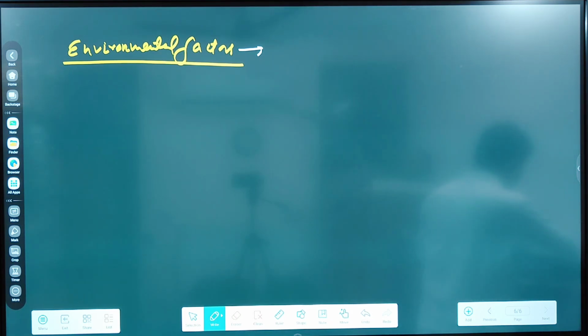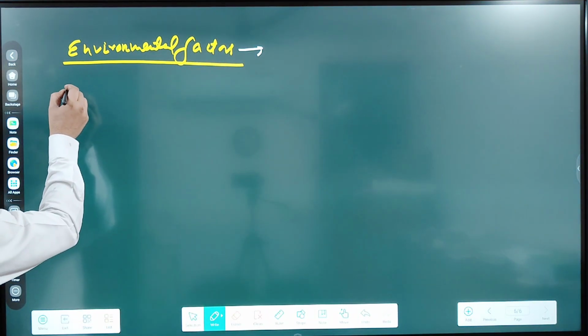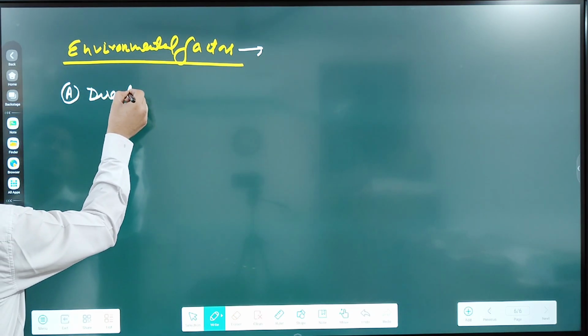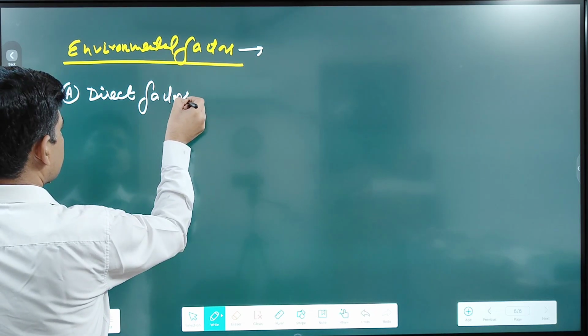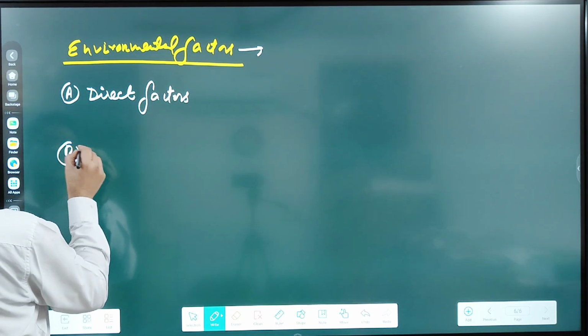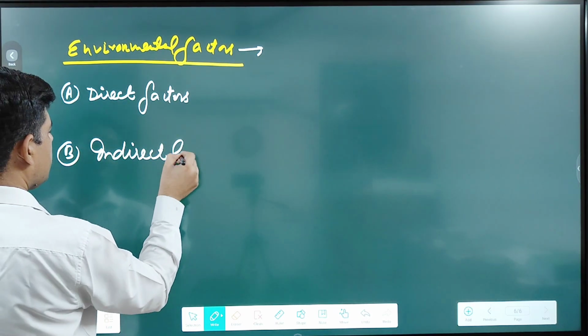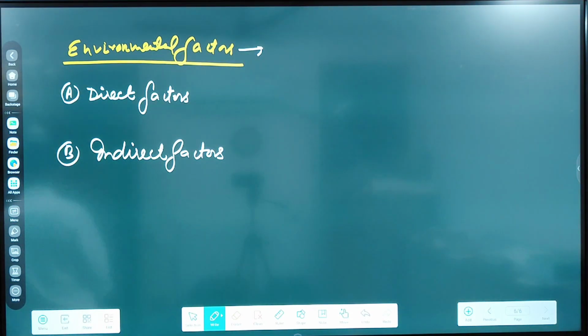There are 2 types of environmental factors: direct and indirect. Direct factors, indirect factors.